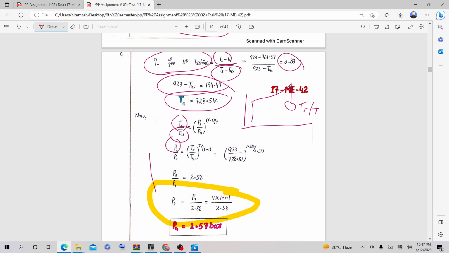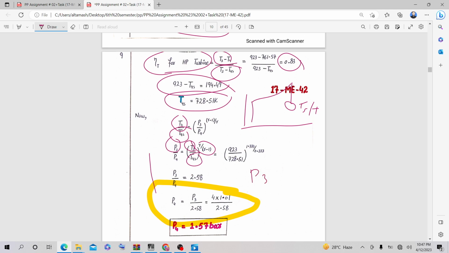We know P3, the output. No, we do not know P3 by P4 because it is not given to us. But what we know are T3, T4s and gamma minus 1. So this is a very good relation.